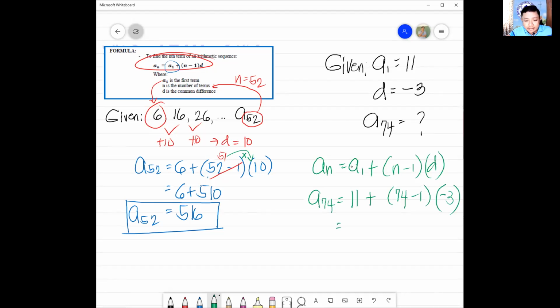Let's now have 11 plus 74 minus 1, that's 73, times negative 3. So remember, that's a negative 3. So we have to multiply negative 3 by 73. What's the answer?